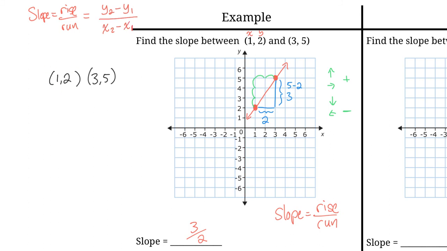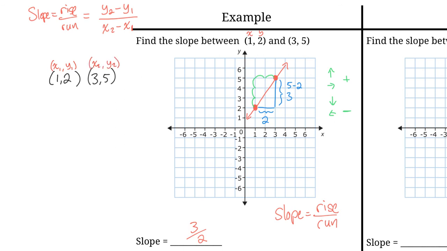So these are just our coordinates. If I have 2 points and I pick one to be my first point and the other to be my second point, if this is my first point, (1, 2), the coordinate would be x1, y1. And our second point would just be x2, y2.